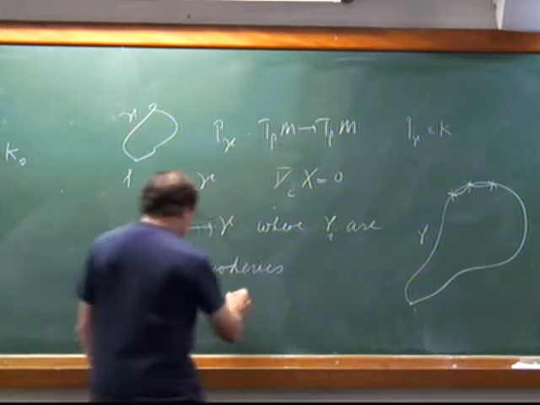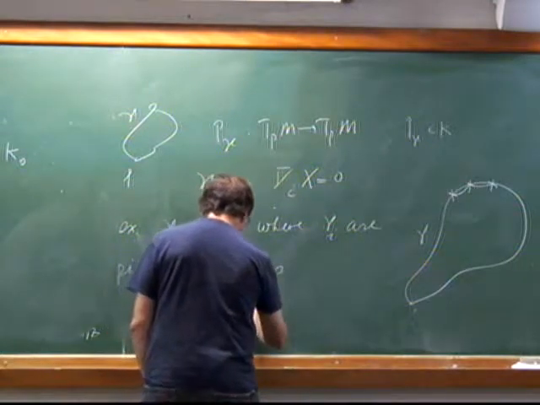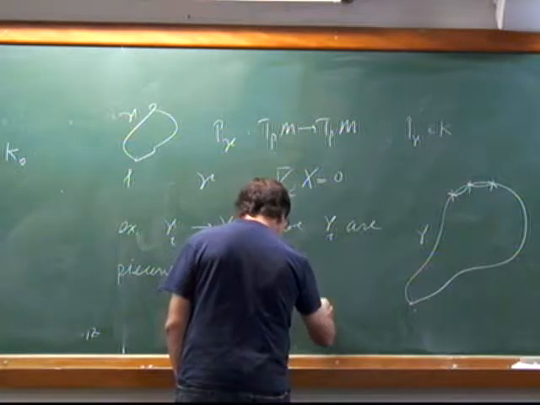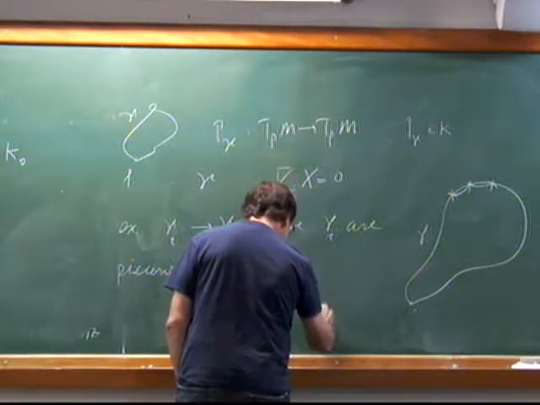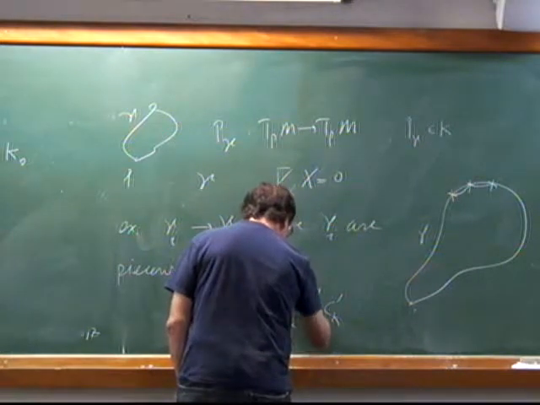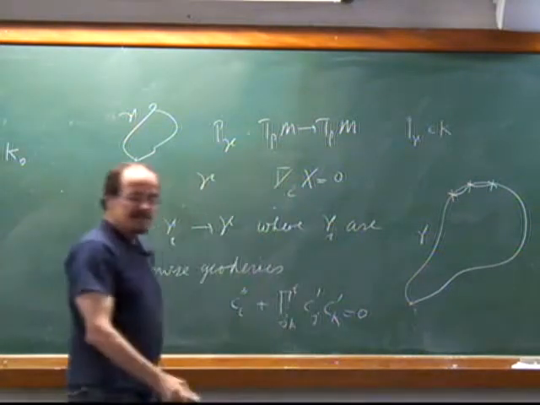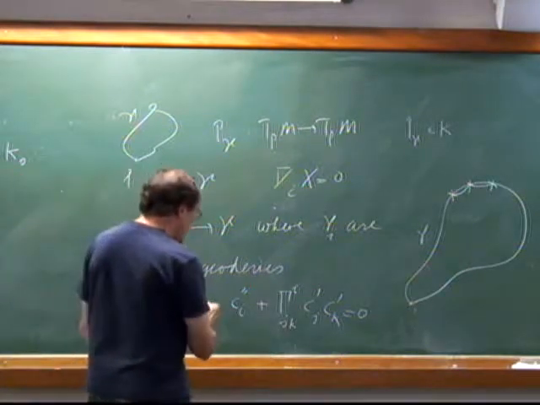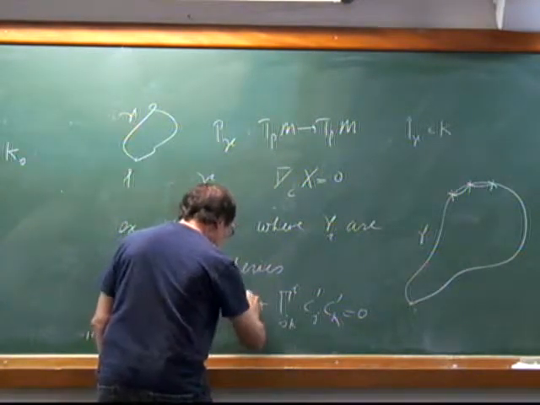Then it would be something like c double prime i plus Christoffel symbols. How does that go? That's the differential equation for a parallel vector field.